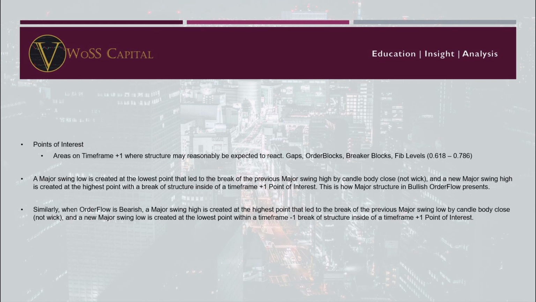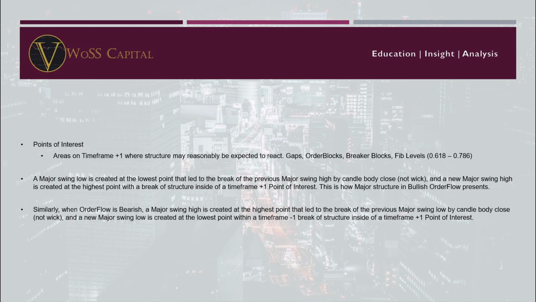So I've said point of interest a few times there, and when I say point of interest, what I mean is the areas within the chart that you could reasonably expect either a retracement to react from, or an impulsive move that's breaking structure to react from. And generally I take those from the time frame that I'm looking at plus one.